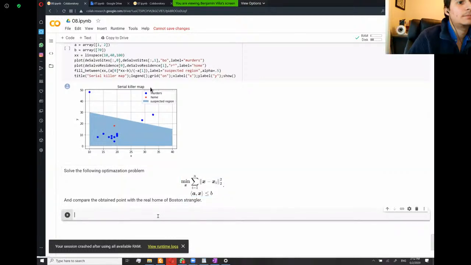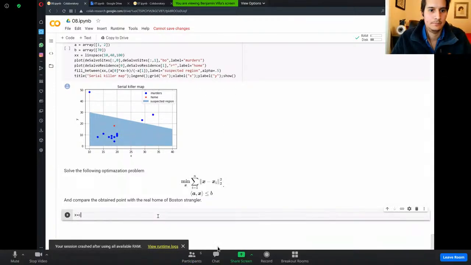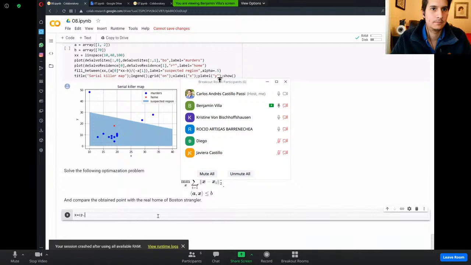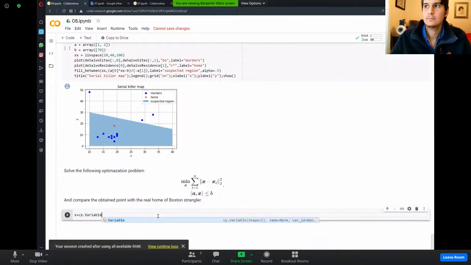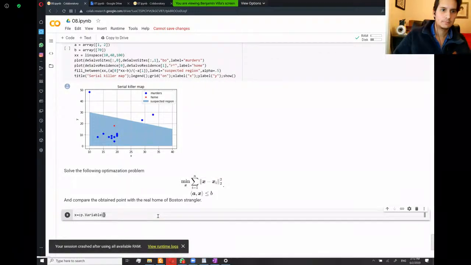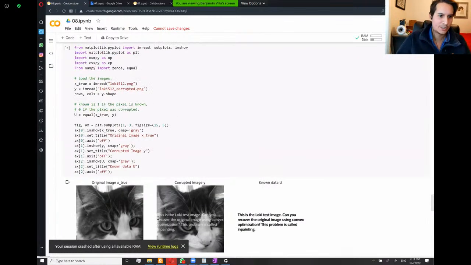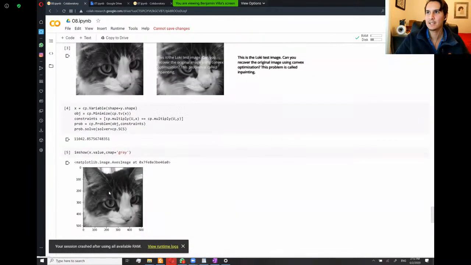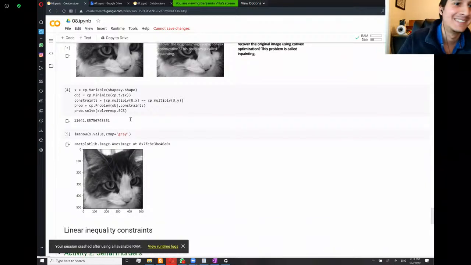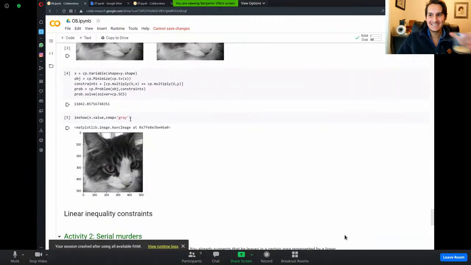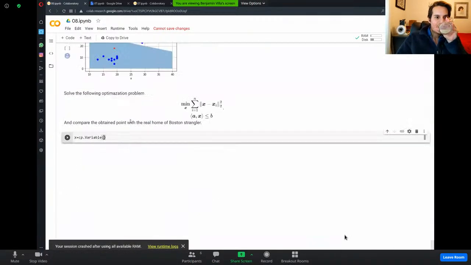Sí. A at x. Entonces, si x es cp.variable de ¿cómo se ponía el shape? Shape. That's real data, by the way. You can Google it. Oh, genial. Shape 2,1.